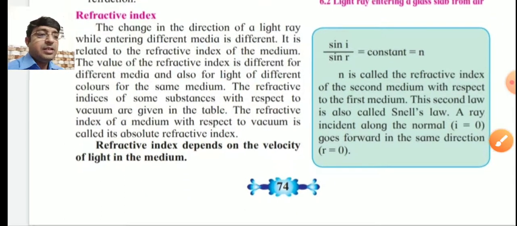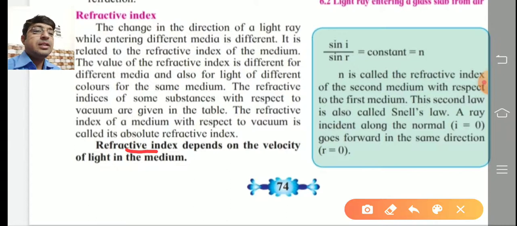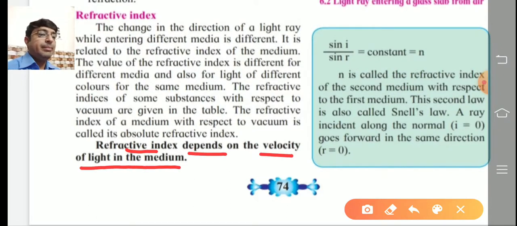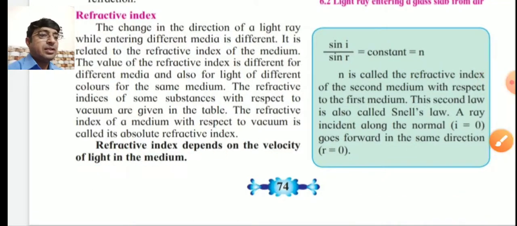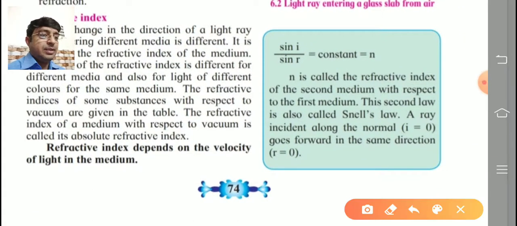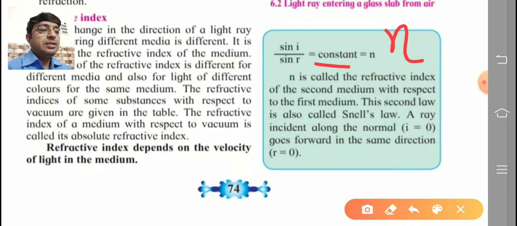Next one. Refractive index depends on the velocity of light in the medium. Underline that. Now see in this green box, sin i upon sin r, that ratio is always constant for any given two media, and that is indicated by a symbol.